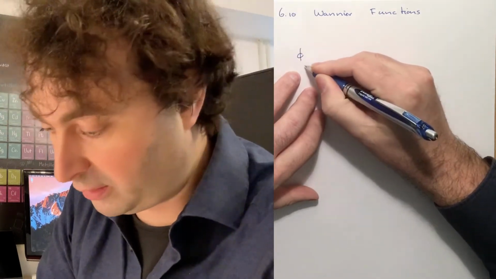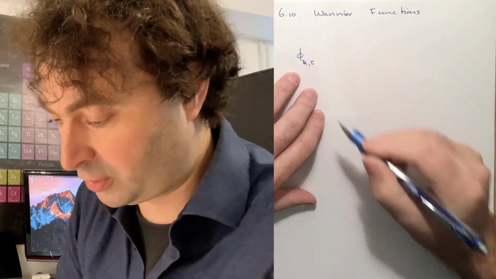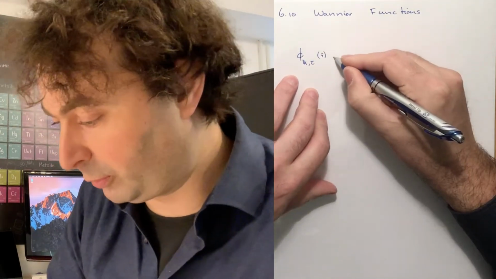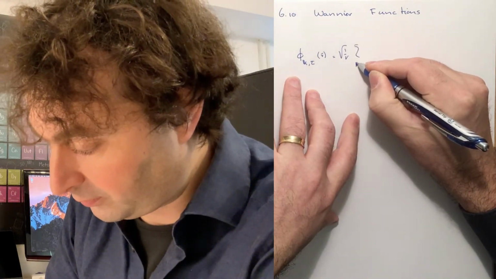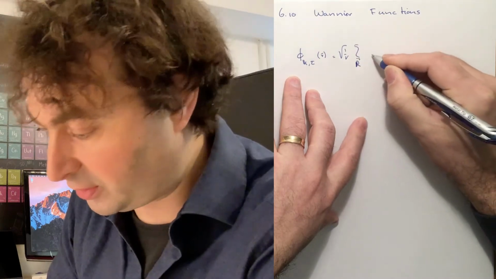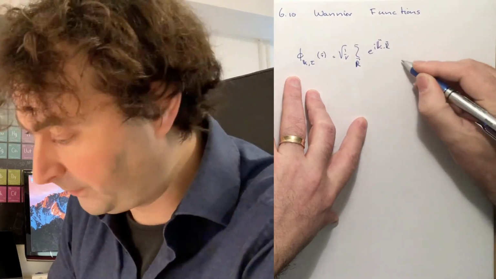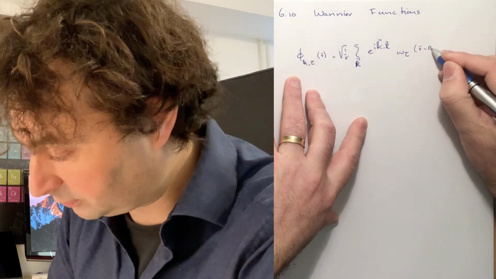So we can make our Bloch wave function as a function of crystal momentum and some quantum number, your band index, or the local quantum numbers that these Bloch wave functions inherit, a normalization, and then a sum over all lattice vectors, e to the i k r, and then some local wave function.